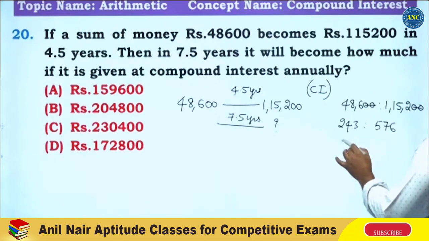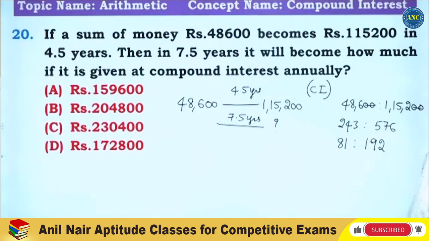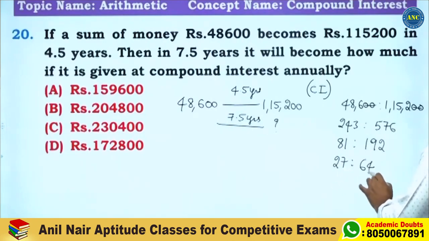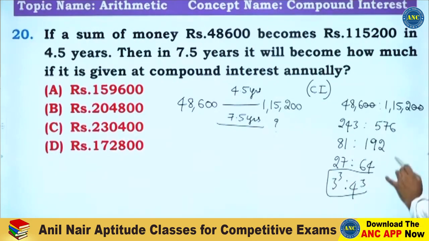Again, let me divide by 3: 81 and 192. Again, if I divide, 27 and 64. That means it is 3 cube is to 4 cube. The multiplication factor is 4 by 3.